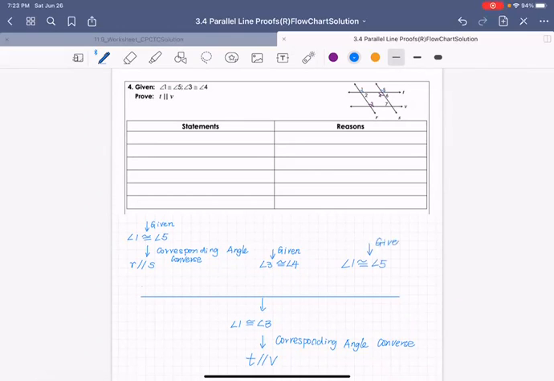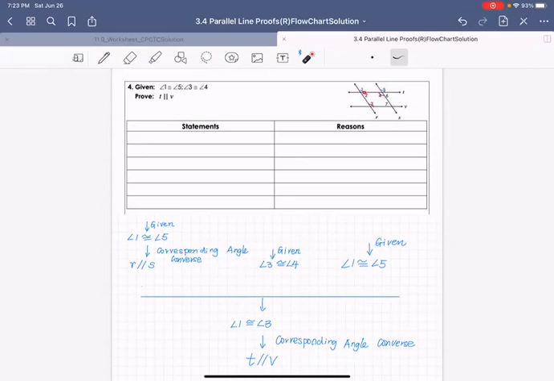And then we look at here. R is parallel to S. That means angle 1 is congruent to angle 5. Angle 3 is congruent to angle 4.